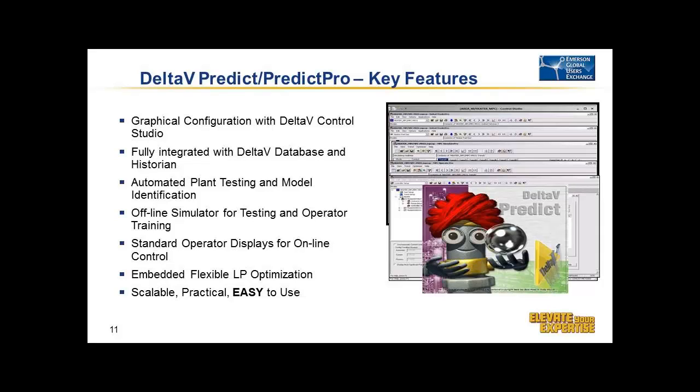And those are very interesting and important features of this product: easy graphical configuration, fully integrated with database and historian, automated plant testing and model identification, offline simulator for testing, standard operator display, and definitely a flexible LP optimizer, which makes it altogether scalable, practical, easy to use. Every one of you who may try Predict Pro will experience those features.